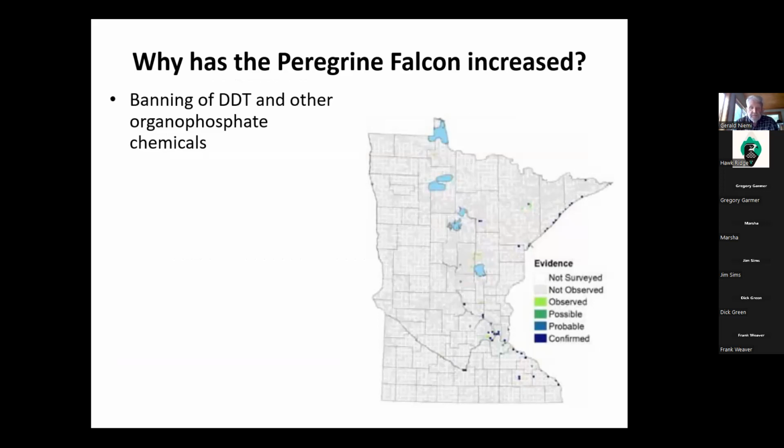They feed a lot, of course, on smaller birds, and birds tend to accumulate DDT and some of the organophosphates because they feed on insects, so it bioaccumulates more as well. So that banning has helped the population and reduced the problem with eggshell thinning. And we have to admire the very successful recovery and reintroduction programs that took place, a very strong coordinated effort to recover that population over time.